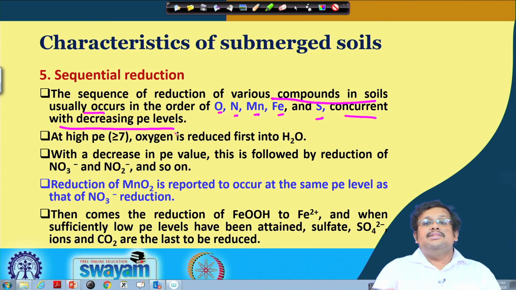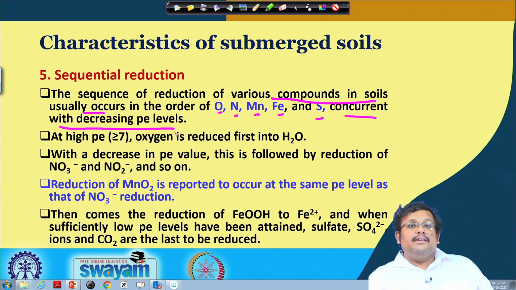Remember that at a pE value of greater than 7, oxygen is reduced to form H2O, and with a decrease in the pE value, this is followed by reduction of nitrate to nitrite and so on. We will see that in the next slide. Also remember that reduction of MnO2, or manganese dioxide, is reported to occur at the same pE level as that of nitrate reduction.